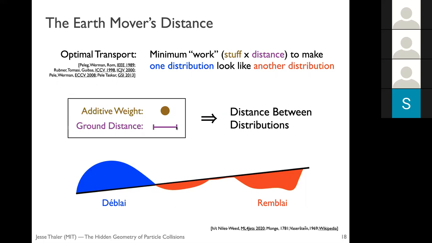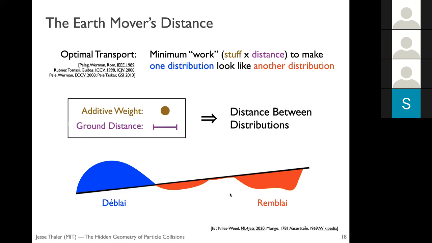But you can imagine many other types of data sets with their appropriate weights and distances. Anytime you have two distributions that you're trying to compare, they could be probability distributions, or distributions of dark matter in a halo. Anything that has a notion of weight and a notion of distance, you can define a distance between the distributions via this optimal transport idea.